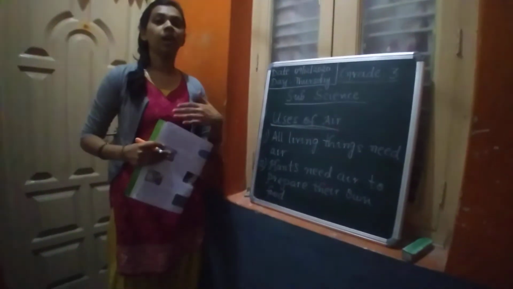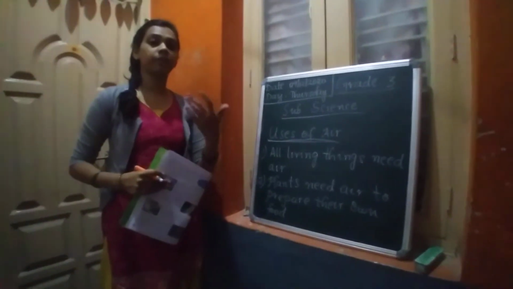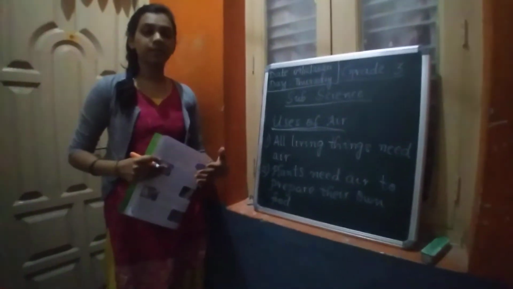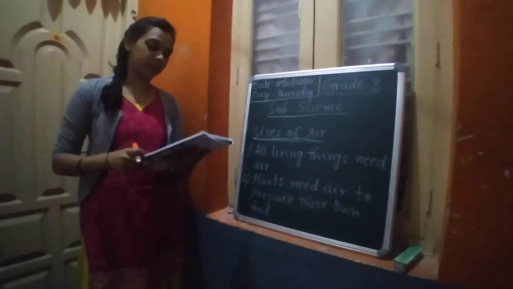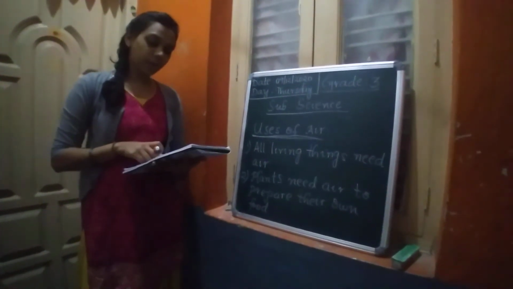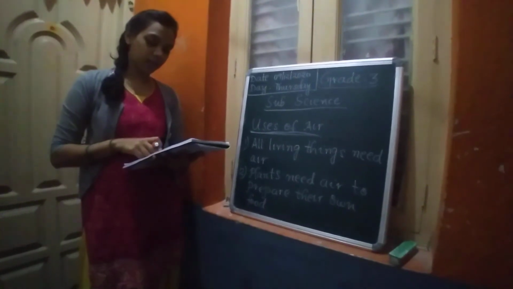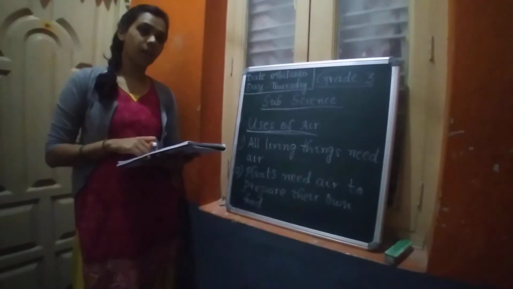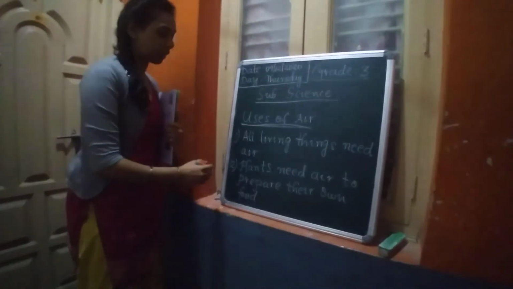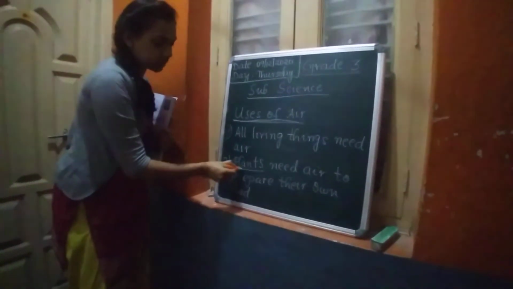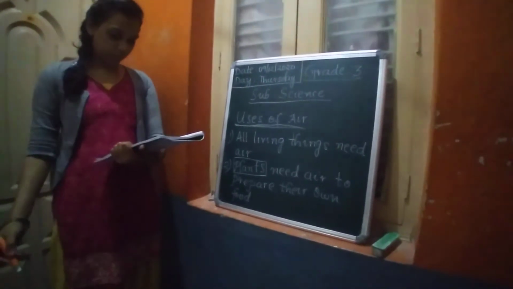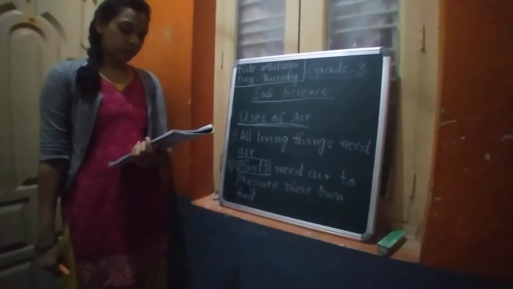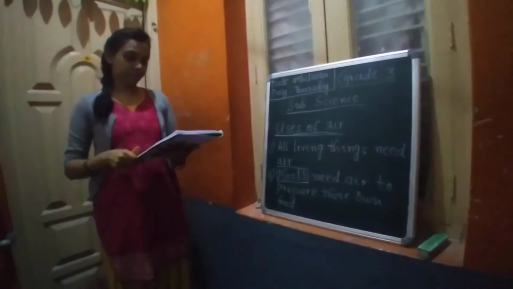See, to prepare their own food, we humans take in oxygen and give out carbon dioxide, but the plants take in that carbon dioxide which is present in the surroundings and give out oxygen. So it is the plants that help maintain enough amount of oxygen in the air, which helps the other living organisms to breathe.